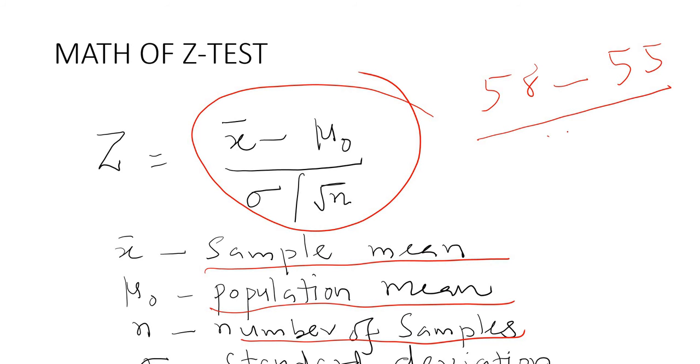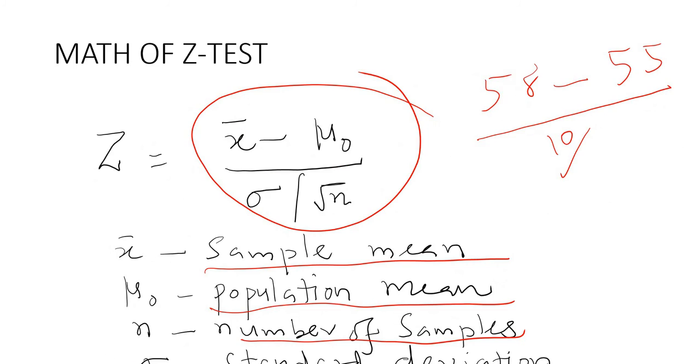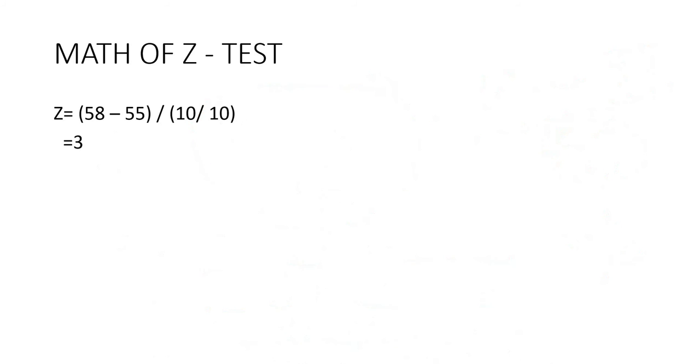I think it is 10, right? Divided by the root of the number of samples we have taken. You can see here it is 100 kids, so the root of 100 is 10. Then 10 by 10 is 1. So 58 minus 55 is 3, and 3 is the answer. That's what is given here. The math of the z-test gives 58 minus 55, that is 3.